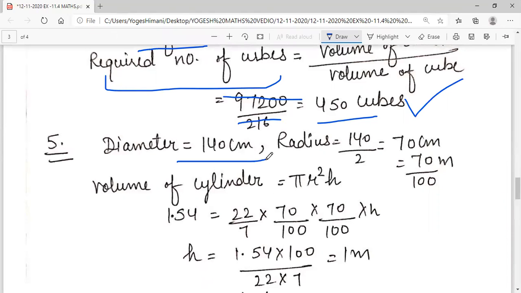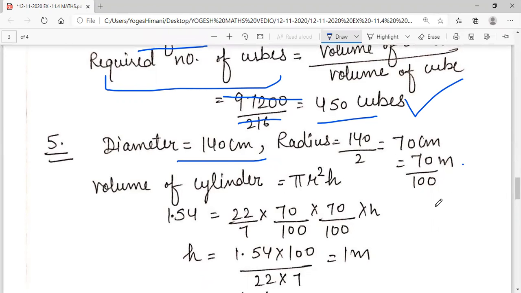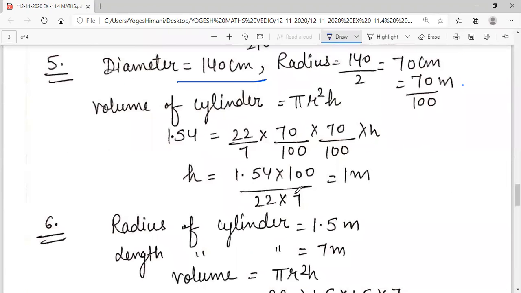Diameter is 140 centimeter, so radius will be 70 centimeter, that is 70 upon 100 meter. Now the volume of the cylinder is given as 1.54 meter cube, and we know that pi r square h is the volume of the cylinder. When we compare both of them, we get the value of h equal to 1 meter.